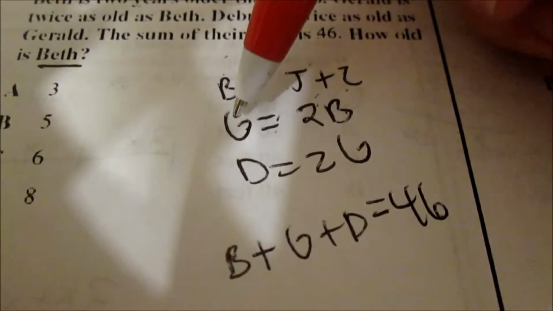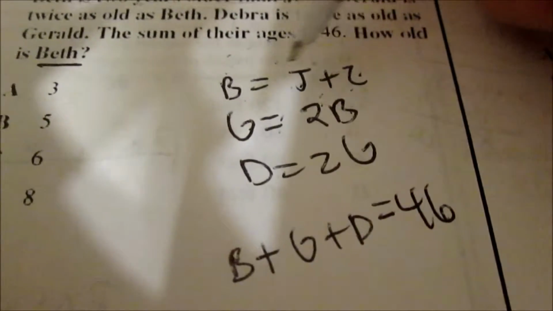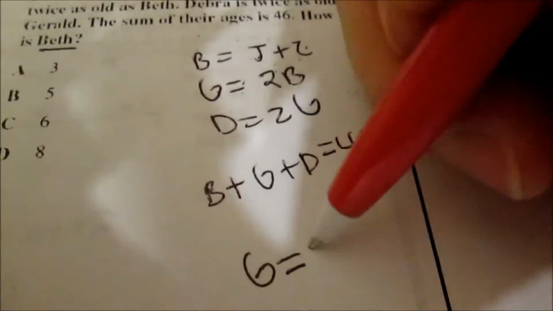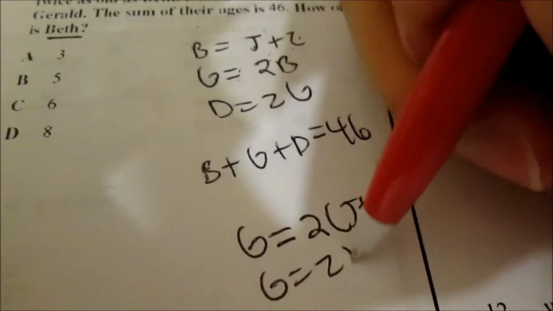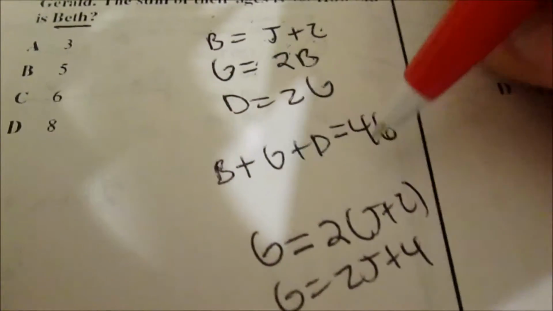So I'm going to substitute J plus 2 in place of B. So instead of G equals 2B, I'm going to do G equals 2 times J plus 2, which means G equals, distribute, 2J plus 4.